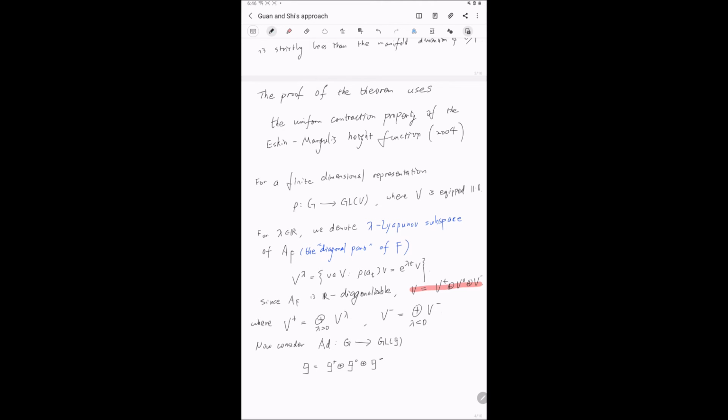We give the middle part a new notation, call it g_c.